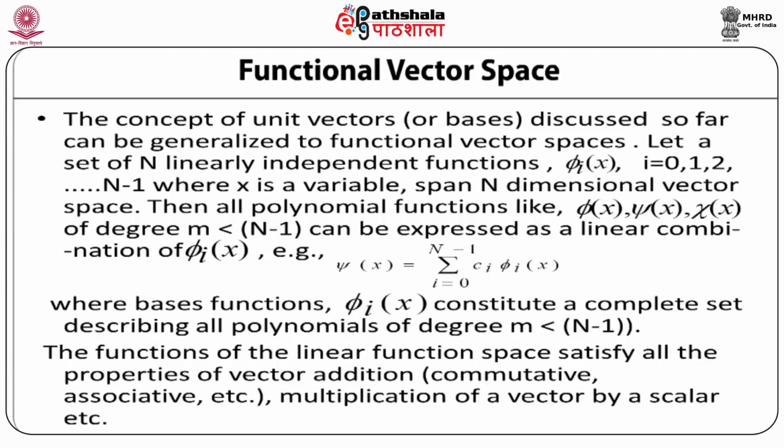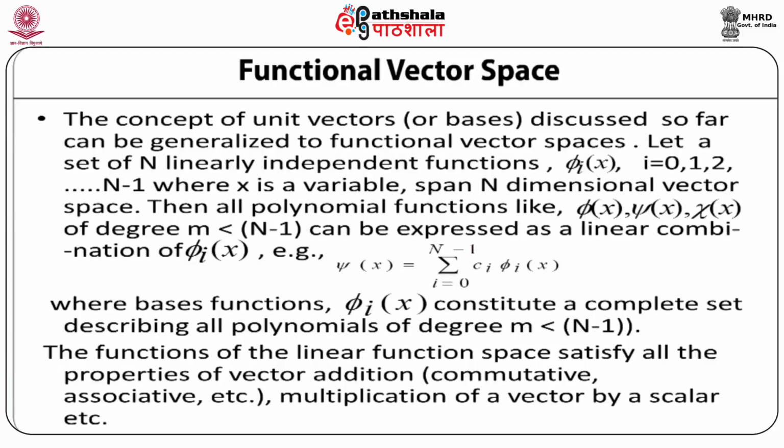The functions of the linear function space satisfy all the properties of vector addition, that is, they are commutative, which means that if we have two functions phi(x) and psi(x), both functions of x, then we can write phi as a function of x plus psi as a function of x is equal to psi as a function of x plus phi as a function of x.